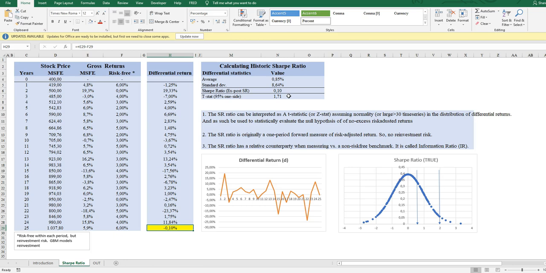Here we have 25 observations, so we cannot use the CLT, the central limit theorem, that states that we have to get more than 30 observations in order to apply the normality assumption. So we use the t-statistics instead, which is slightly adjusted to take into account this little feature.